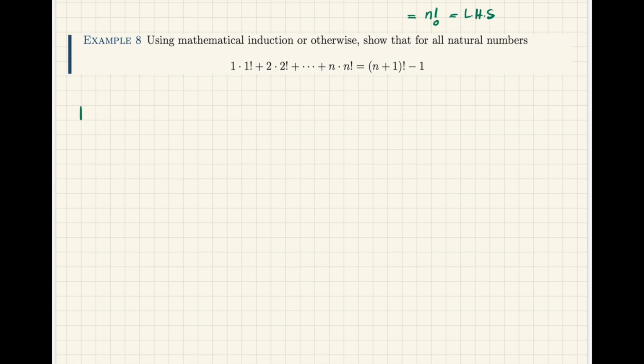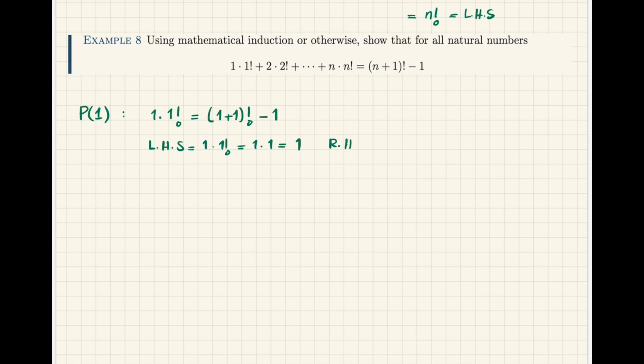We check P of 1. So what is P of 1? On the left hand side, I have 1 times 1 factorial. On the right hand side, I will have 1 plus 1 factorial minus 1. I need to check the truth of this equality. This is easy. The left hand side becomes 1 times 1 factorial, but 1 factorial based on the definition is 1, so it becomes 1.